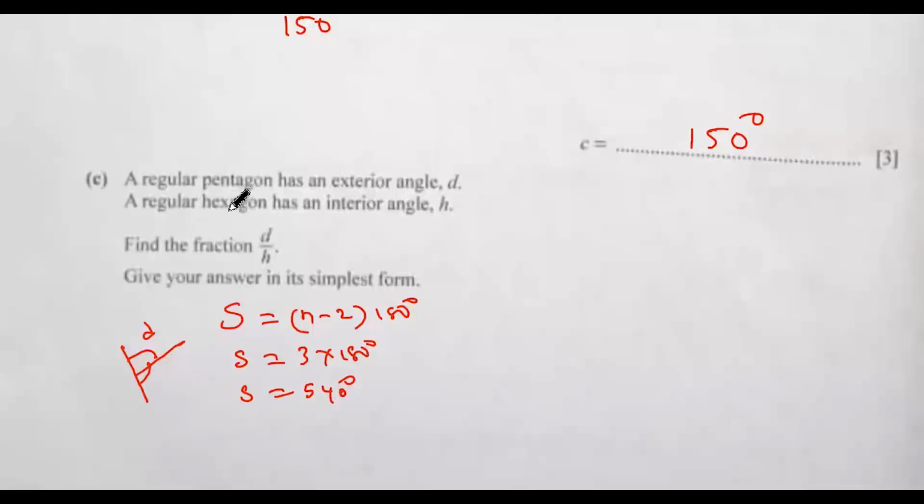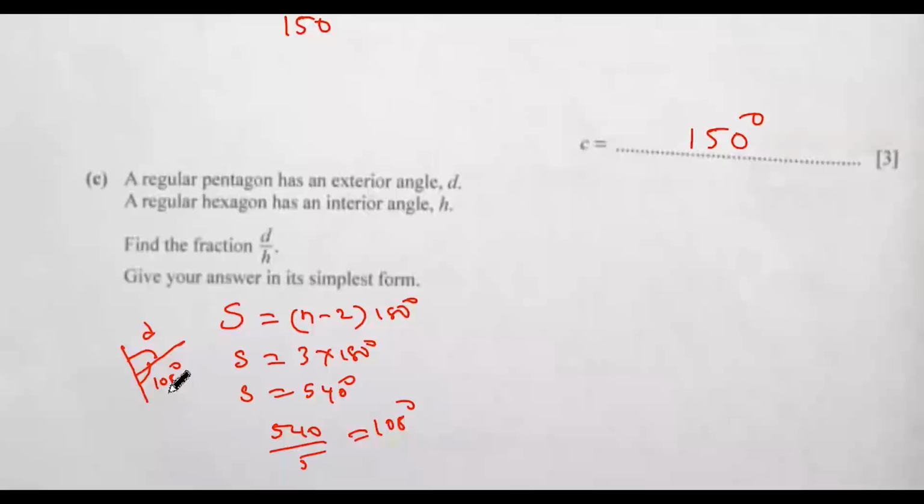Since we have a regular pentagon, the interior angles are equal. So we can divide 540 by 5, which gives us 108 degrees. So this interior angle here is 108 degrees. Then we can now subtract from 180.